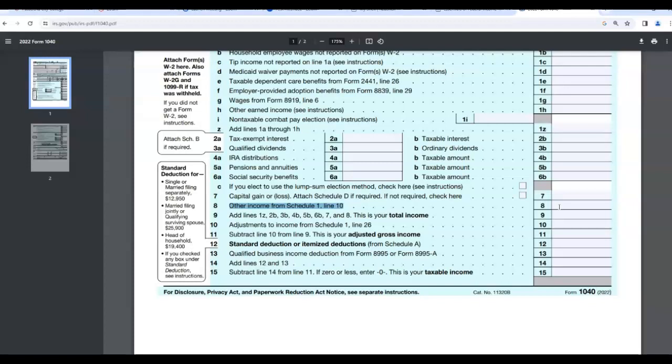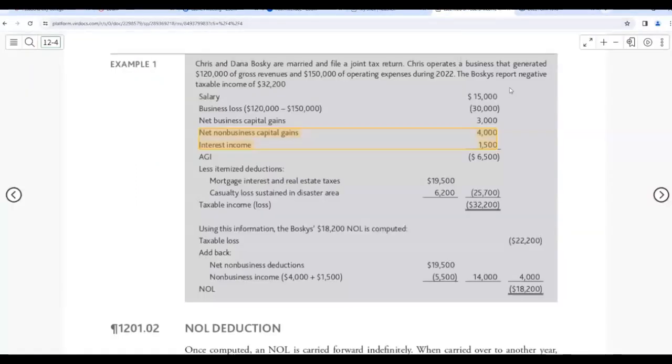But after that it is up to 80%. The remaining you carry forward indefinitely. Since this is 2022, it's after 2017, so it says up to 80%.